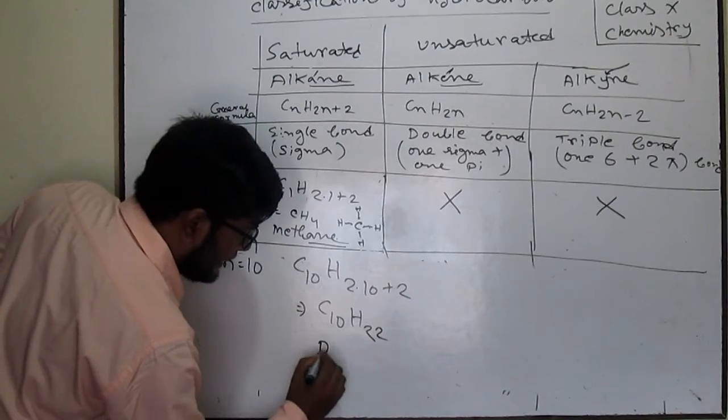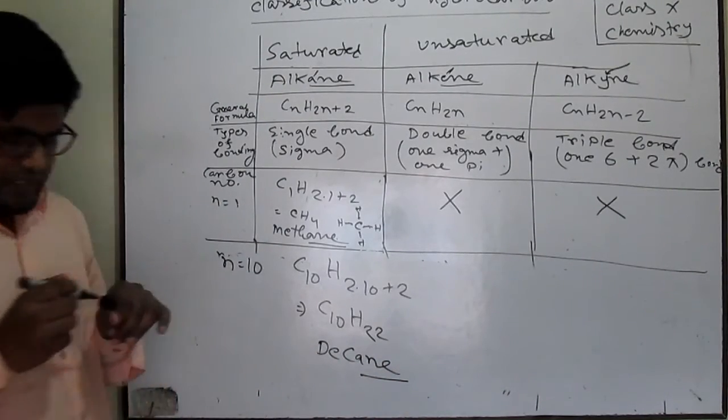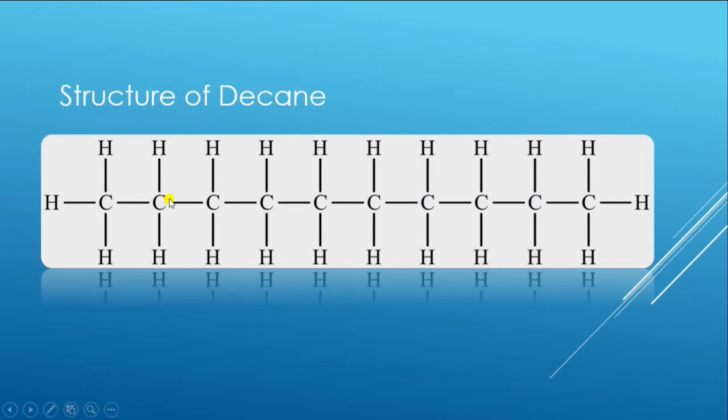This is called decane, D-E-C-A-N-E, decane. Here is the structure of decane: 1, 2, 3, 4, 5, 6, 7, 8, 9, 10. 10 carbon atoms, and you can count here the number of hydrogens is 22.